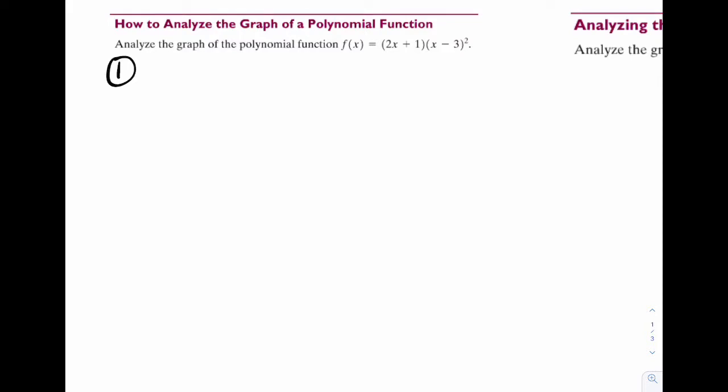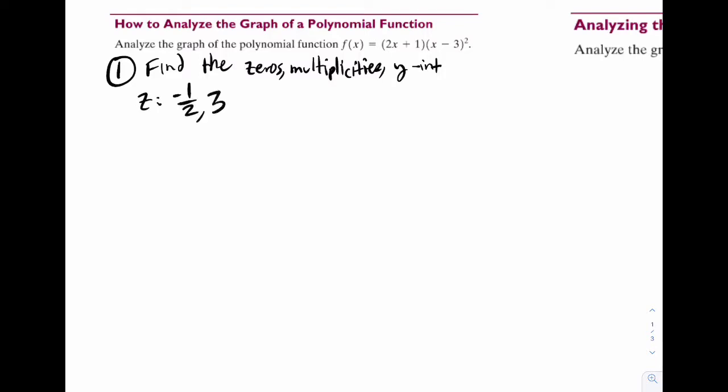So step one, you can write this down, is to find the zeros, multiplicities, and the y-intercept. So let's do that. I can look at that equation. I can see my zeros are negative 1/2, 3.